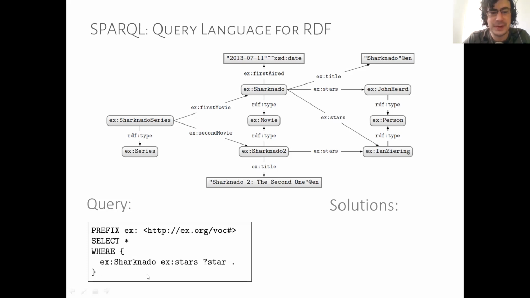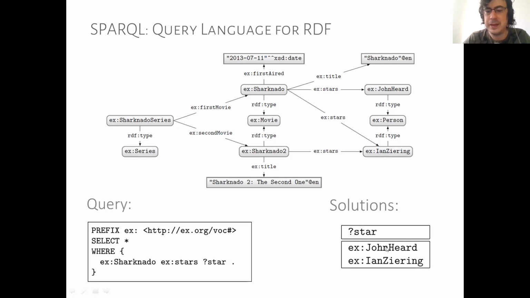What this asks for intuitively is give me all of the things that are the objects of triples where the subject is Sharknado and the predicate is stars. If we look at the RDF graph here, it would match this triple here, Sharknado stars John Hurd, and Sharknado stars Inzering. So we would get these solutions here, mapping essentially the variable to the elements of the data.